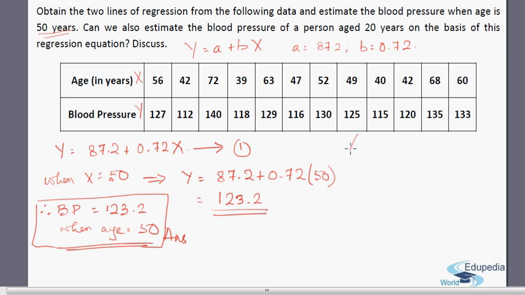Now coming to the second part of the question, it says, can we also estimate the blood pressure of a person aged 20 years on the basis of this regression equation? Well, what do you say? Of course, when you put the value here, y equals 87.2 plus 0.72 times 20, when x is equal to 20.